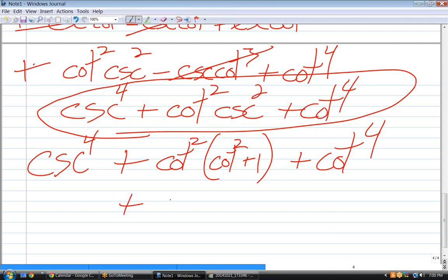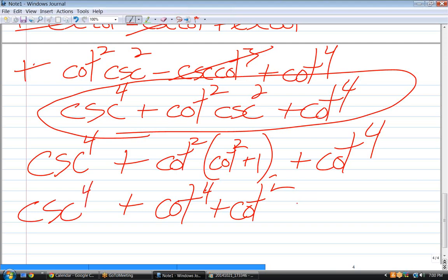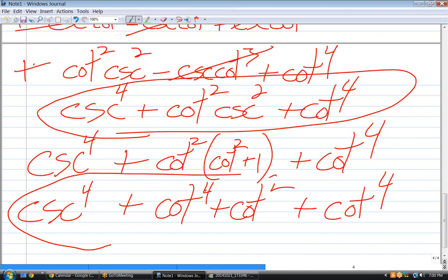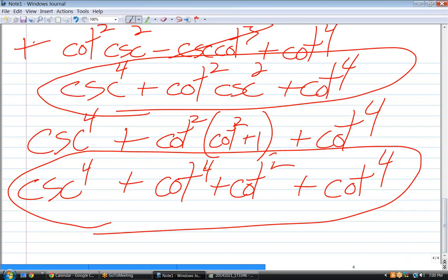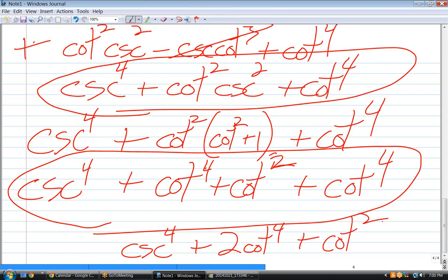So now that's cotangent to the fourth plus cotangent squared. I have a cosecant to the fourth plus a cotangent to the fourth. So now I have two cotangents to the fourth. So I have cosecant to the fourth plus 2 cotangents to the fourth plus a cotan squared.